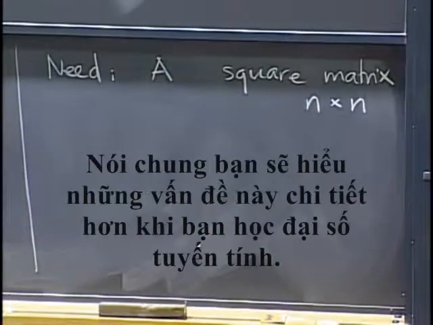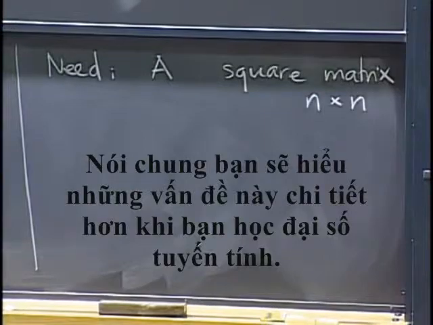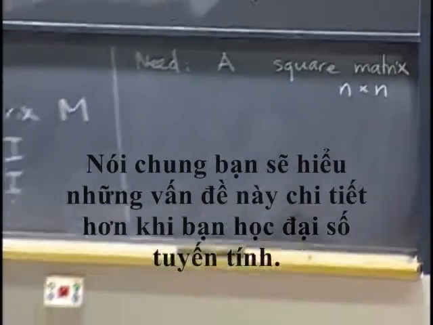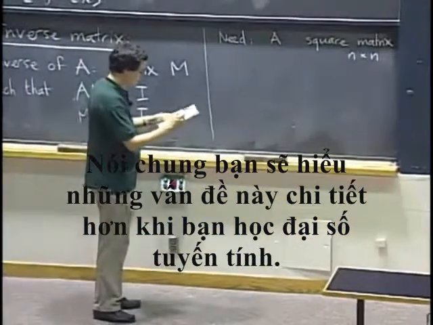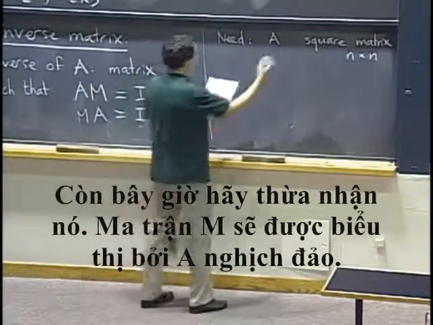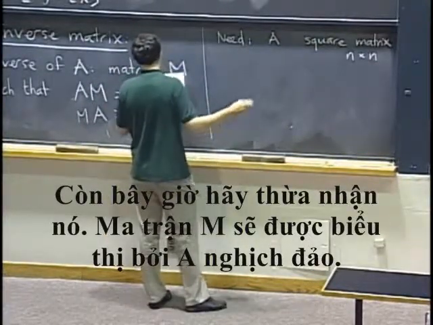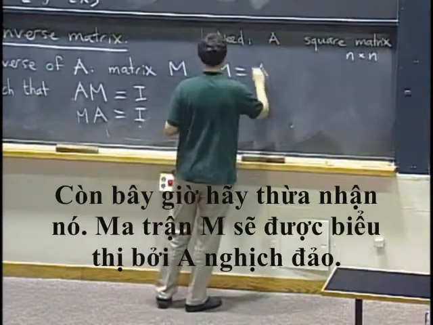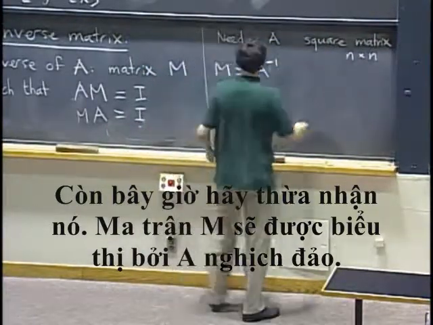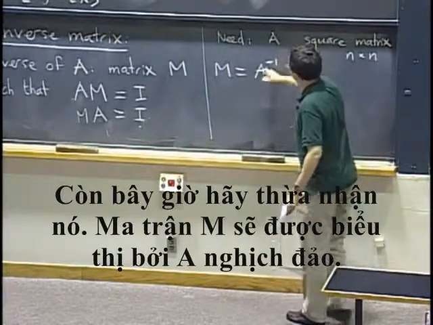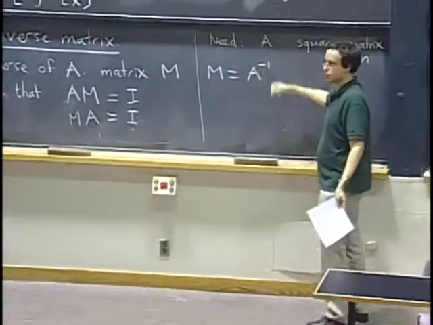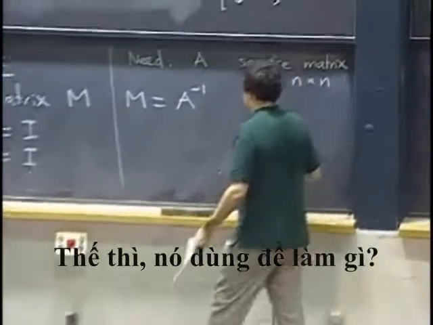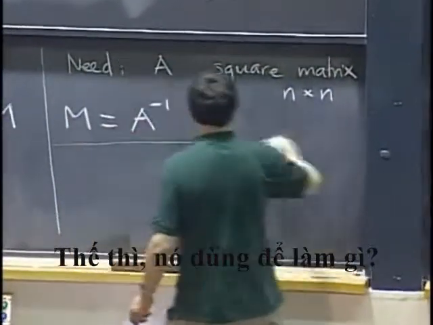And it's a general fact that you will see in more detail in linear algebra if you take it. So let's just admit that. So the matrix M we will denote by A inverse, like this.